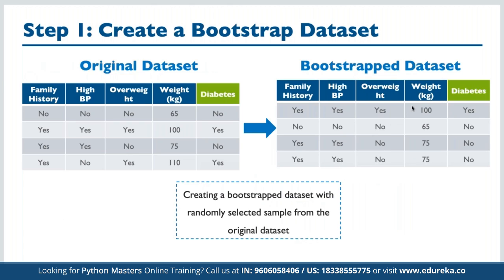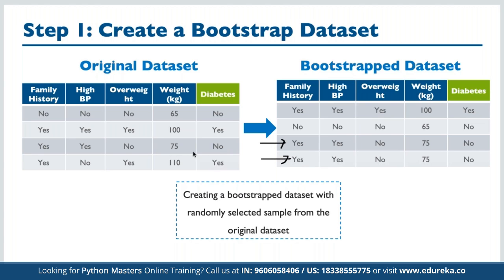For example, this is one of the data sets. On the left hand side, I have the original data, and on the right hand side, I have the subset. If you see, we have 4 rows in the subset as well. However, this row here and this row here are repeating.